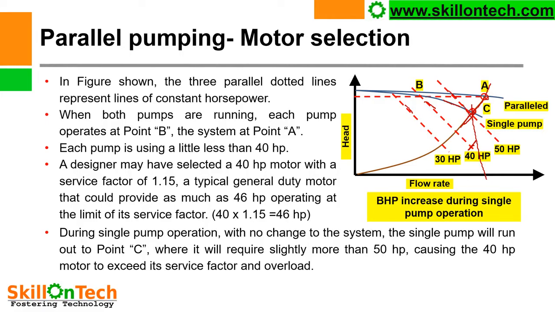And the power line shows the power requirement is 50 horsepower. This one. So when the pump operates at point C, the power requirement will be slightly more than 50 horsepower, causing the 40 horsepower motor to exceed its service factor and overload. Hence, the motor will be tripped on overload.